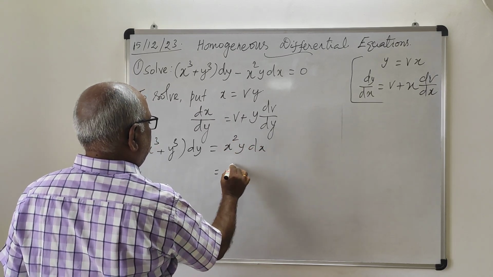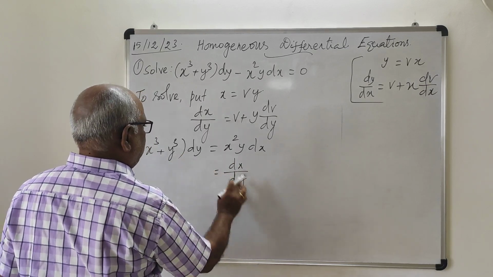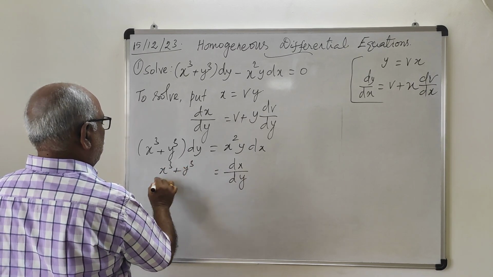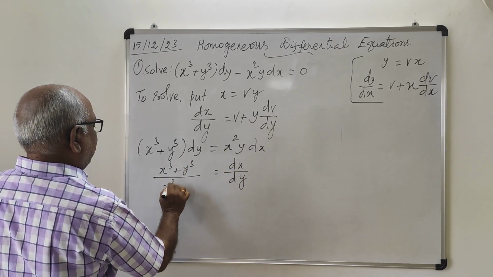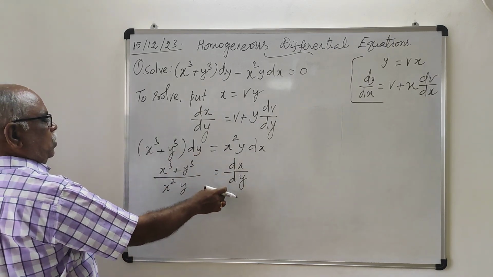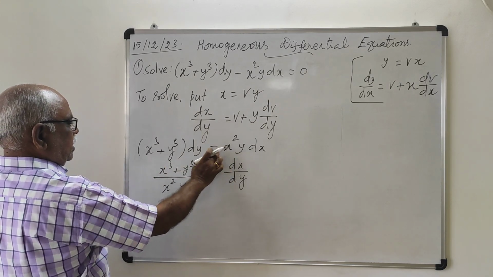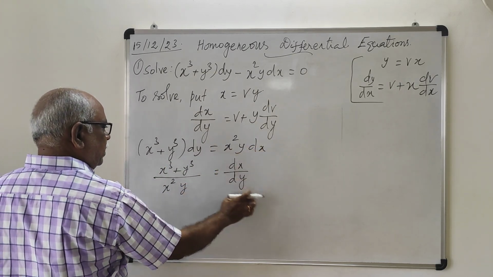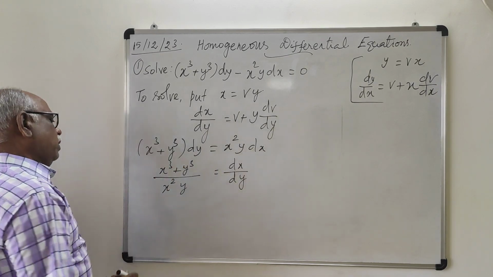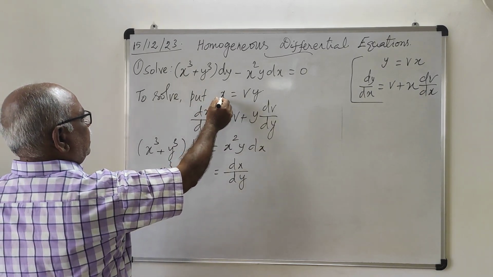So the problem now reduces to (x cube plus y cube) dy equal to x square y dx. From this, dx by dy is (x cube plus y cube) by x square y. So we have to give a substitution x equal to vy.